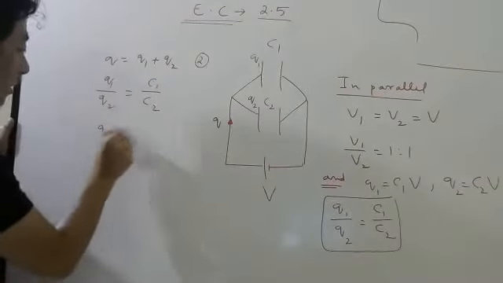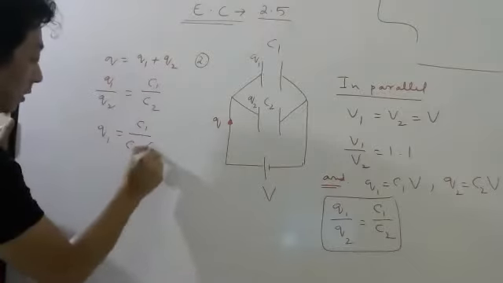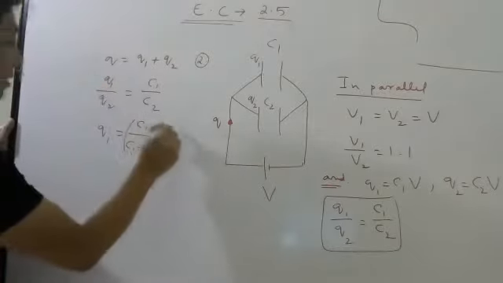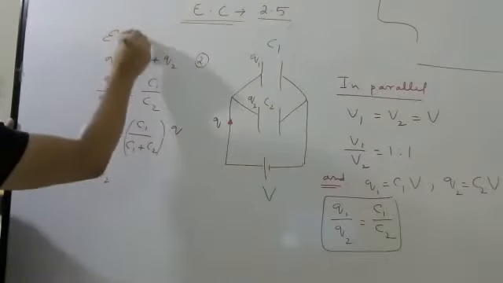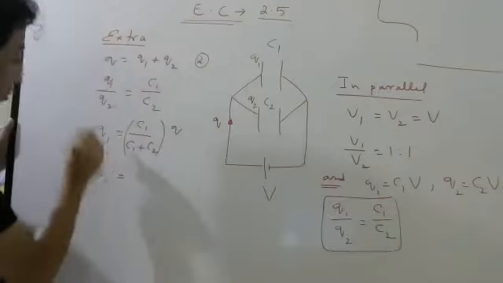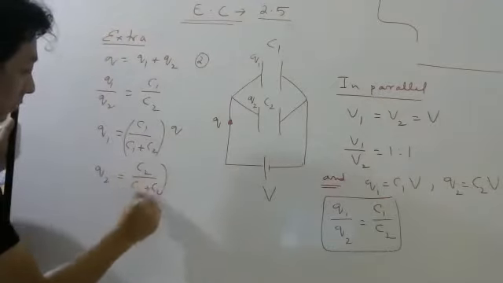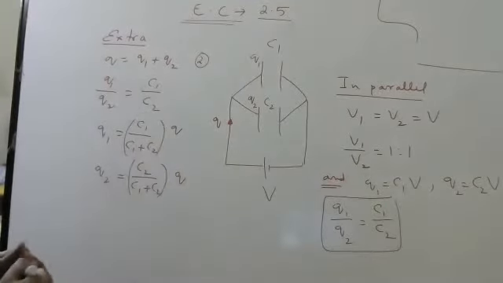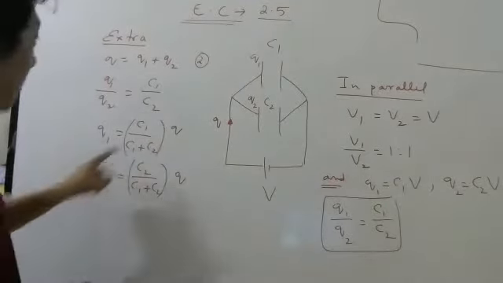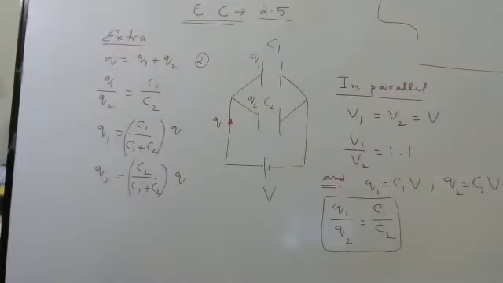C1 divided by the sum of these two into total charge, total charge is Q. And Q2 will be C2 divided by C1 plus C2 into total charge. So these are the charges on the two capacitors in terms of total charge. Okay, students, make a note quickly.